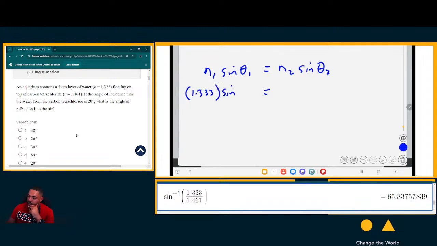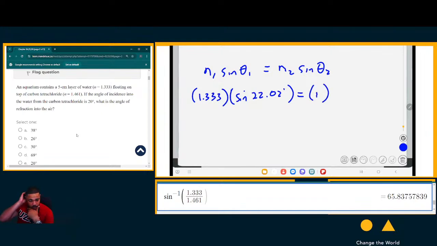The incidence angle is the sine of what we just calculated, which is 22.02 degrees. N1 is 1,333 multiplied by the sine of 22.02 degrees equals, for air, the index of refraction is 1 normally, and we want the sine of the refracted angle.